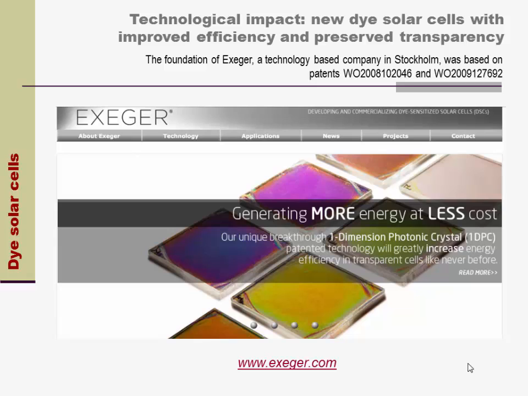Well, all these developments we were publishing and patenting in the reverse order, and a company in Sweden became interested in this, and basically we licensed them most of the technology. This company is Exeger, and I think it has become more and more important in the field. It is developing not only products based on our photonic crystal. This is a snapshot of their project.